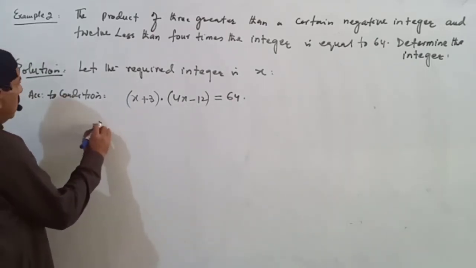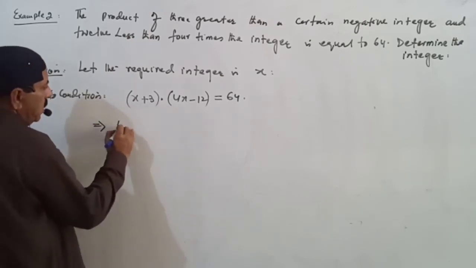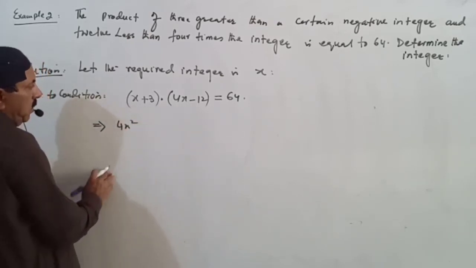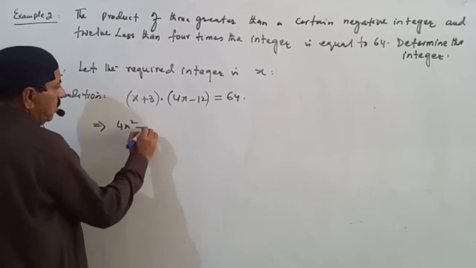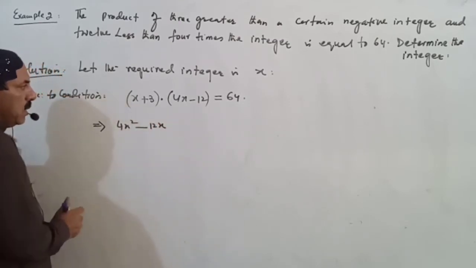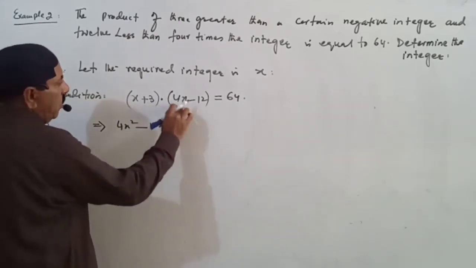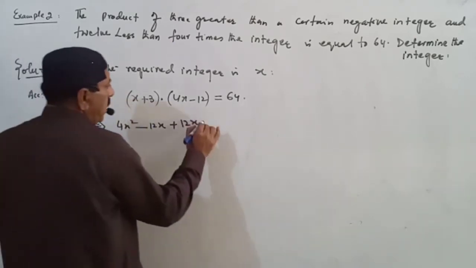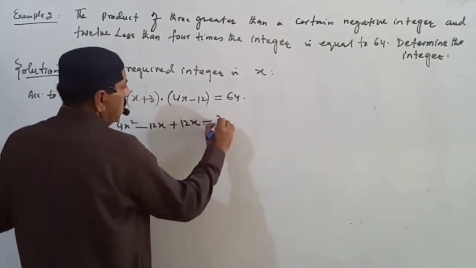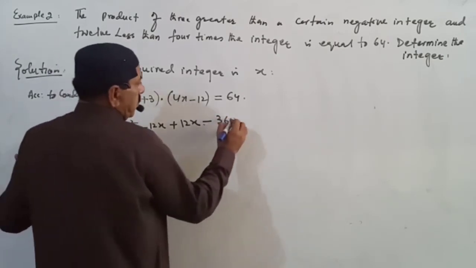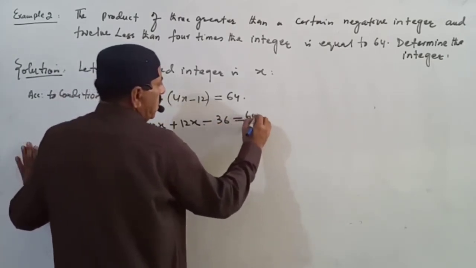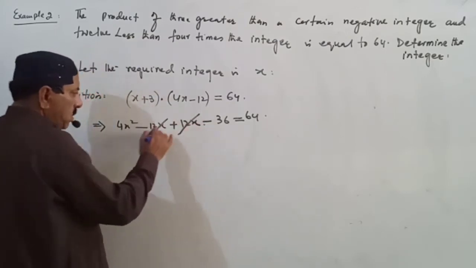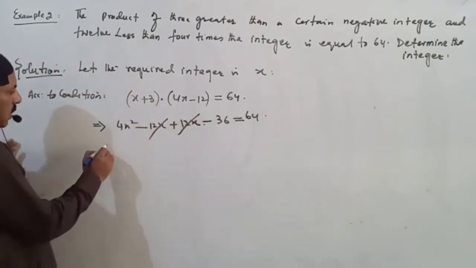Okay. x into 4x, 4x square. x into minus 12, minus 12x. Plus 3 into 4x, plus 12x. Plus 3 into minus 12, minus 36, equal to 64. Plus 12x minus 12x cancel.